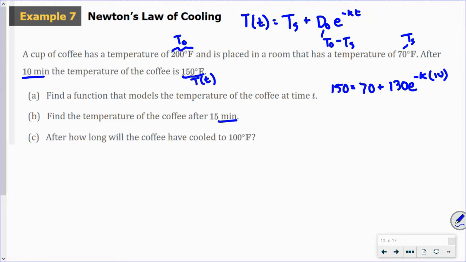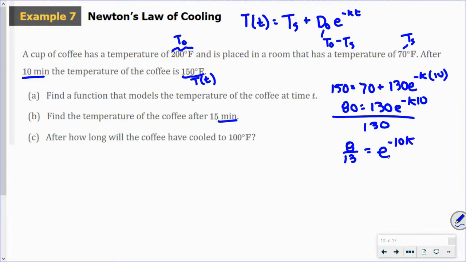So we're going to subtract 70. So 150 minus 70 is 80, equals 130 e to the minus K, 10. Divide by 130. So that's 8/13 equals e to the minus 10K. Change this out of exponential into logarithmic. So ln of 8/13 equals negative 10K, and divide by negative 10.